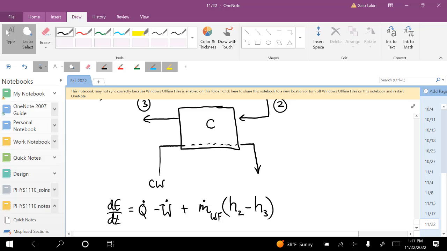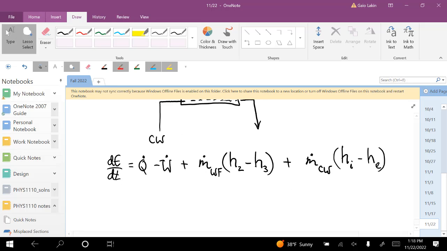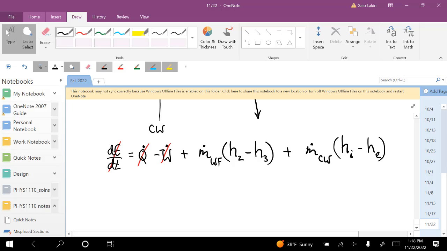And then plus for the cooling water, this is just going to be H inlet minus H exit. That goes away, that goes away, that goes away.